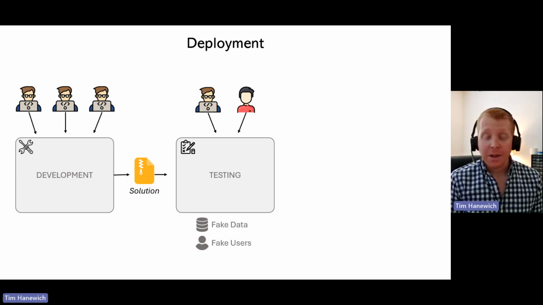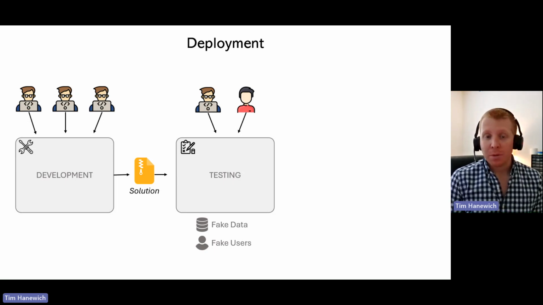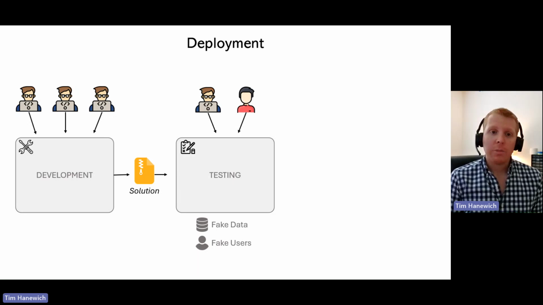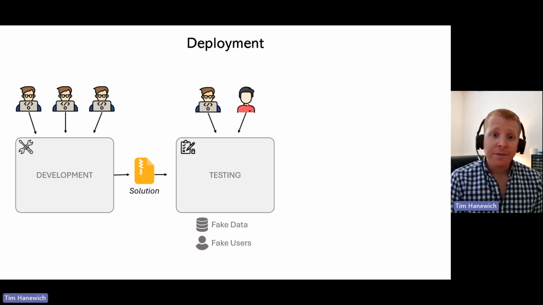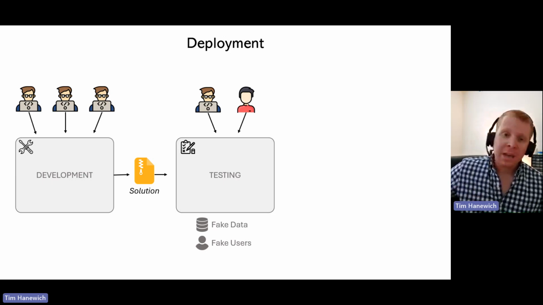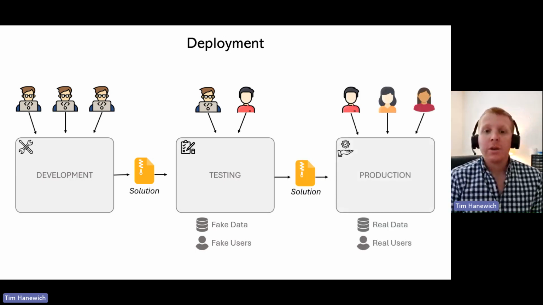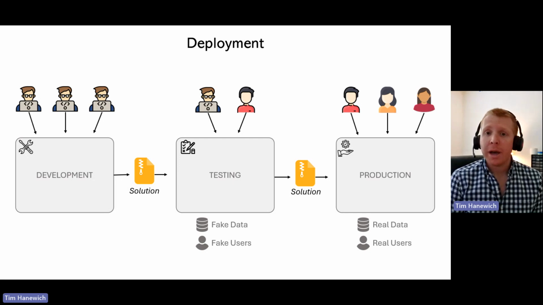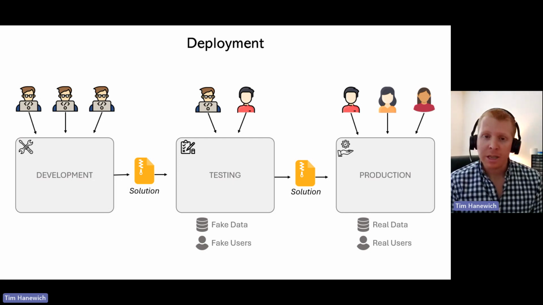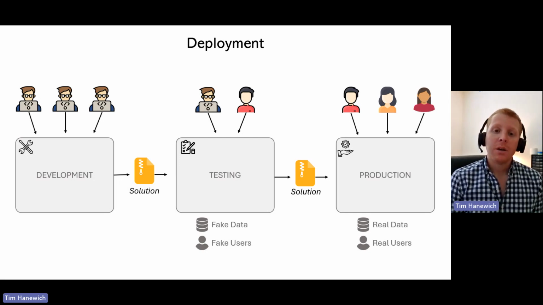And here, developers and or people from the business, the customers, will test the application on fake data and fake users. Finally, after it's completed, they would then move it permanently to a production database where again, it would live long term. It would live there, serve customers, and be used by the business, right? Your intended audience on real data with real people in real use cases.